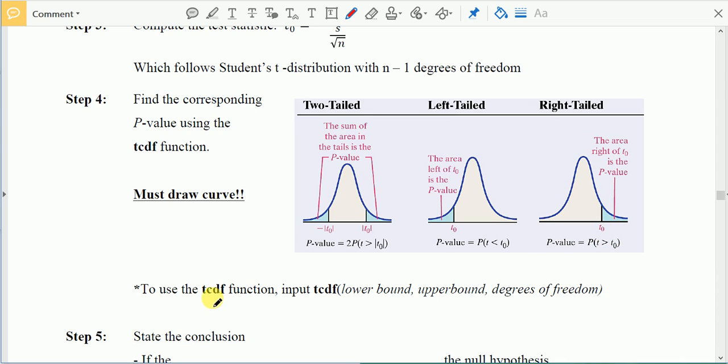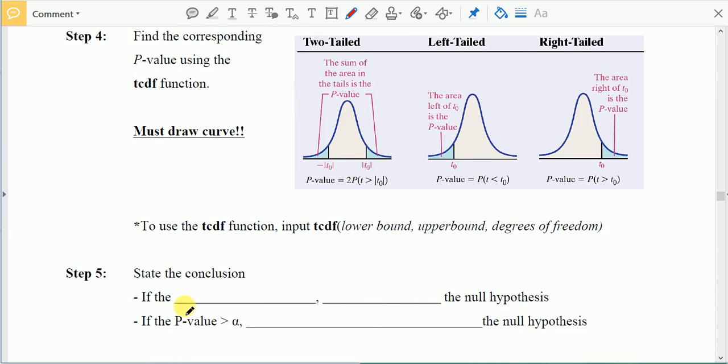The command for the tcdf function on the TI-84 is tcdf. The first input is the lower bound, then a comma, the upper bound, and then the degrees of freedom. And you have to state the conclusion after that. If the p-value is less than the significance level alpha, then you reject the null hypothesis.